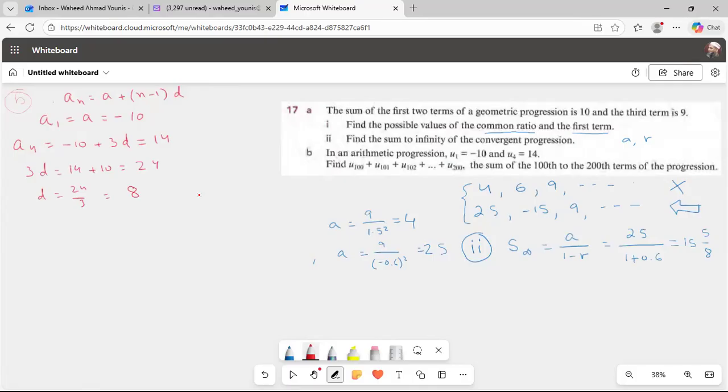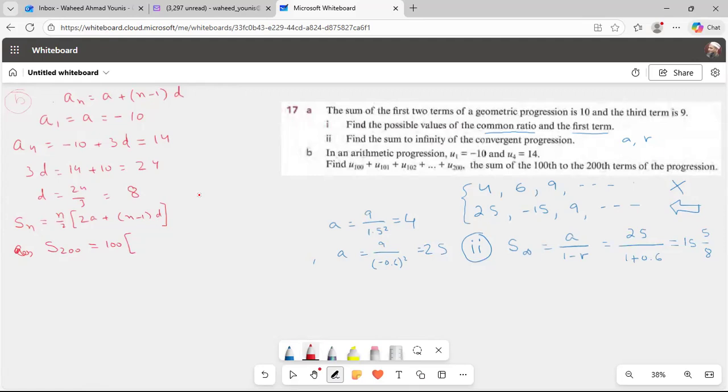How can I use this information? Remember, sum of n terms in an arithmetic progression is given by n by 2 into 2a plus n minus 1 into d, right? Okay, so we need to find the sum from u100 till u200. So let's see, how can I do this? Remember, if I find the sum of first 200 terms, how will I do this? 200 over 2 is 100 and 2a.